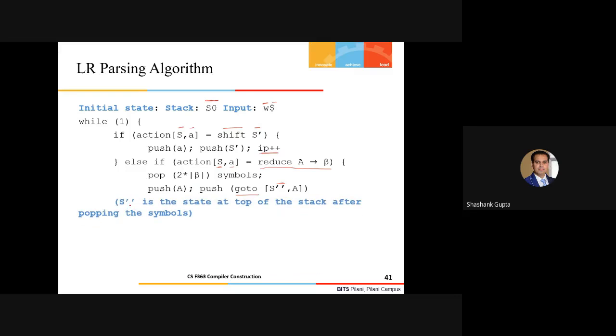So we have mentioned that S double prime is the state at the top of the stack after popping 2 times beta symbols. Otherwise, if my action is accept, then I should immediately stop or simply exit. Otherwise, I'll simply throw an error.